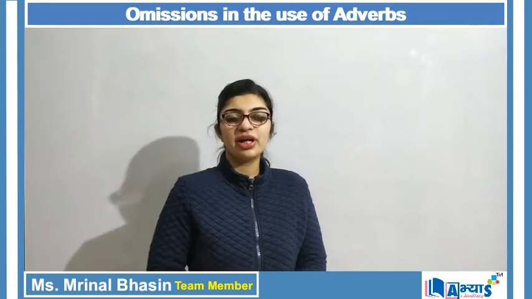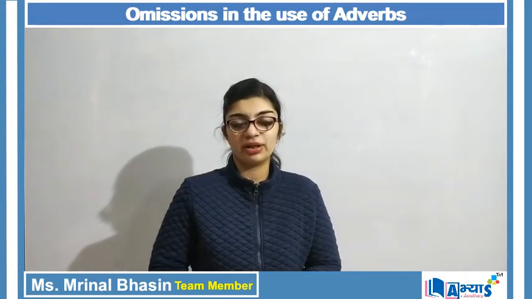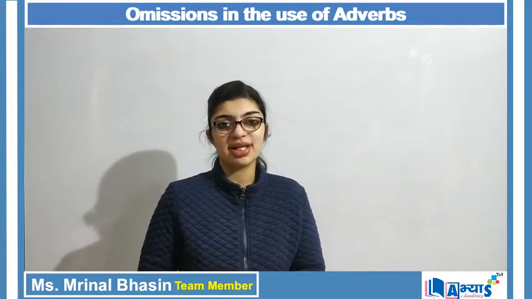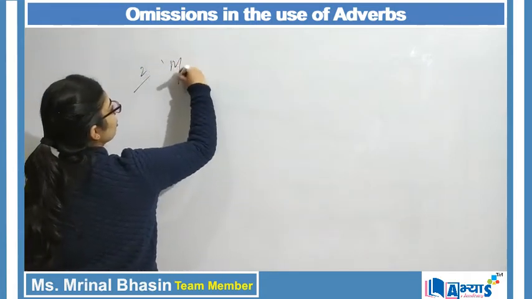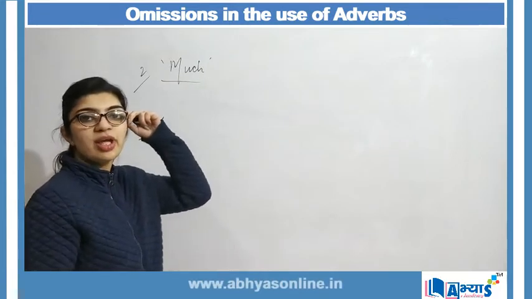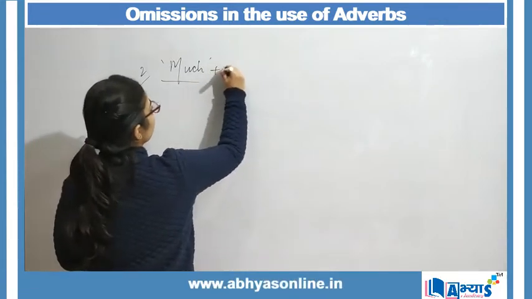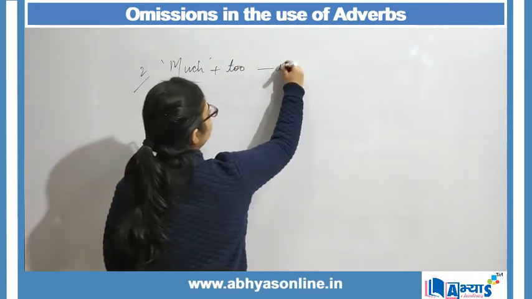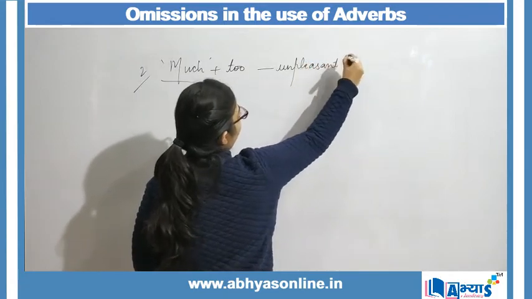Now another area where we need to make sure that we are making correct usage of adverbs and we're not omitting the words in the sentence is when we are making use of much. Whenever we are making use of much, remember with much we make use of to when we are using some unpleasant adjectives.